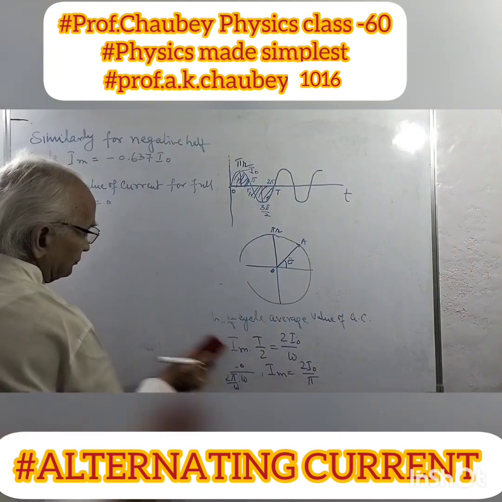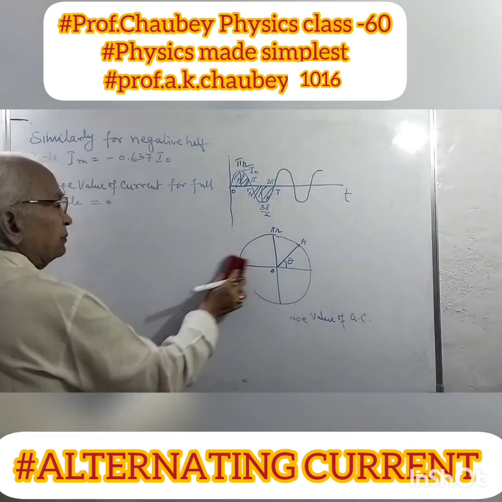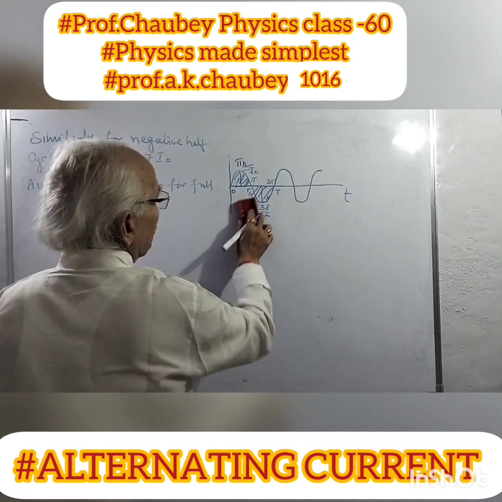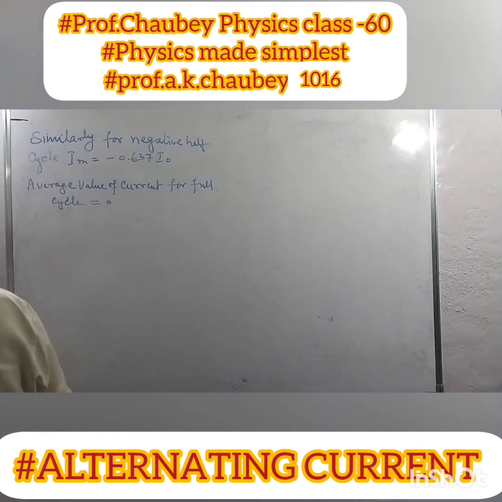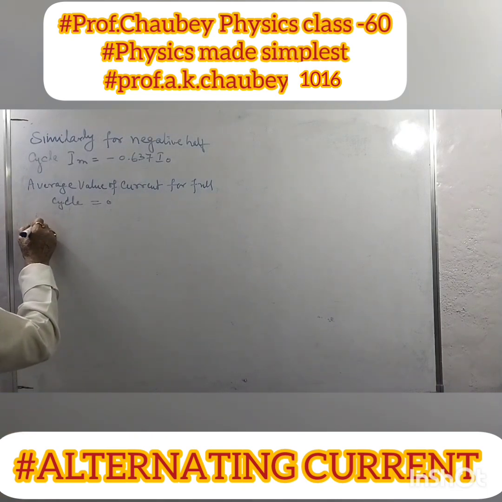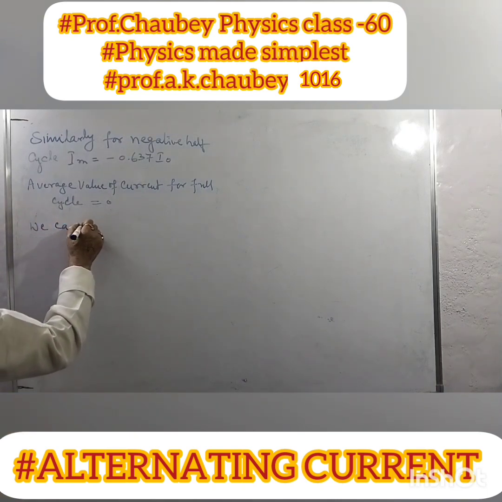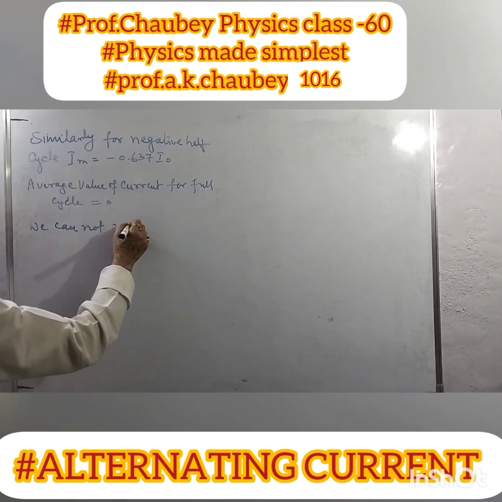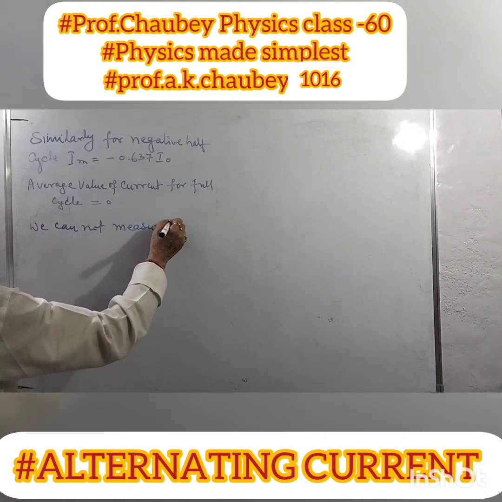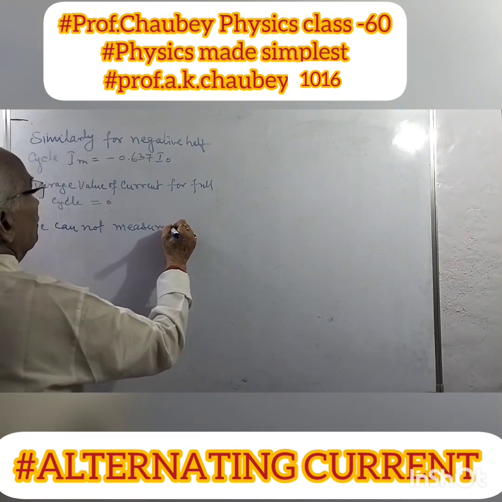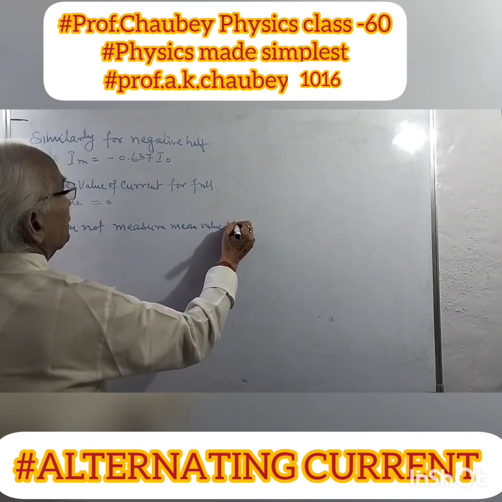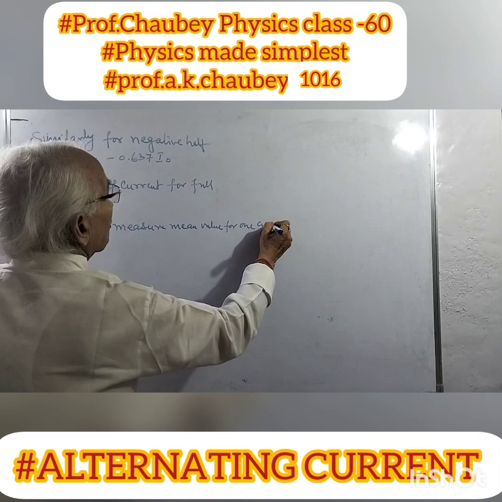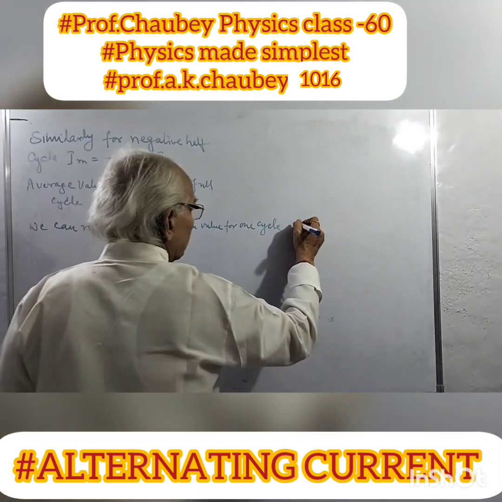So how to measure? You cannot measure the current in this way, because the mean value is 0. We cannot measure the mean value for one cycle as it is 0.